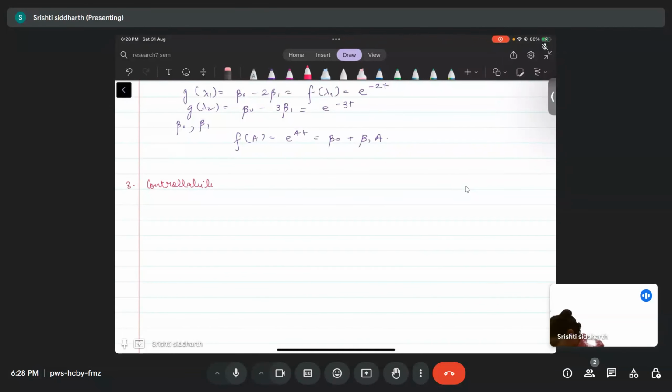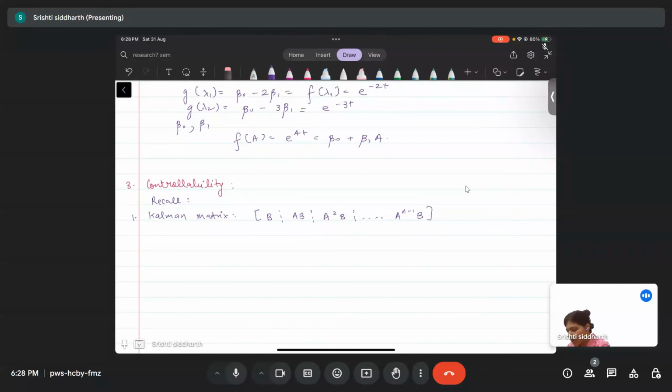which is controllability. Okay, so recall that we had two tests. First one was computation of the Kalman matrix, which was B, AB, A squared B, up to A to the power n minus 1 B for an nth order system.